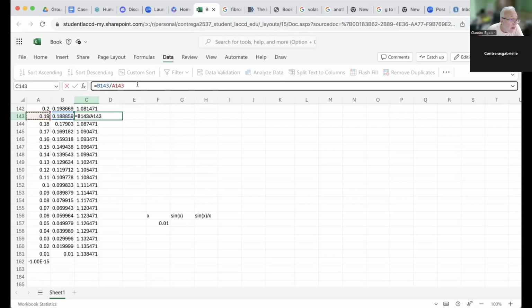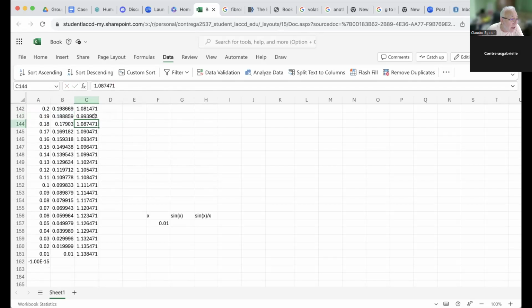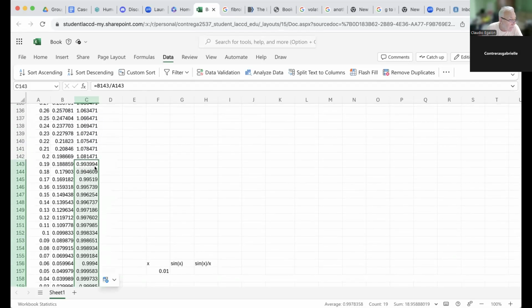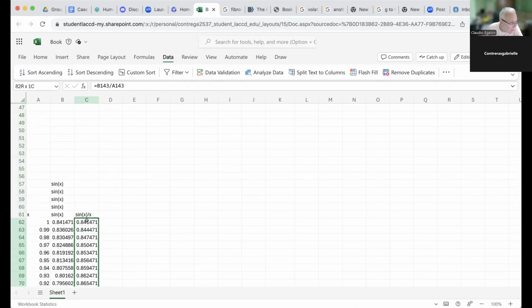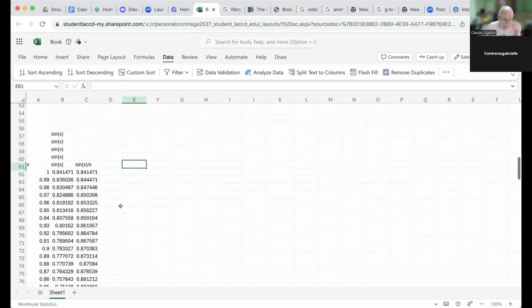Return. Now click and drag down and click and drag upwards. See that? Very close to 1. Now you've got to click and drag upwards as well. Oops, overshoot. Good. Okay.